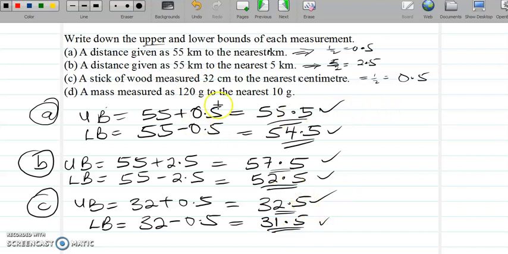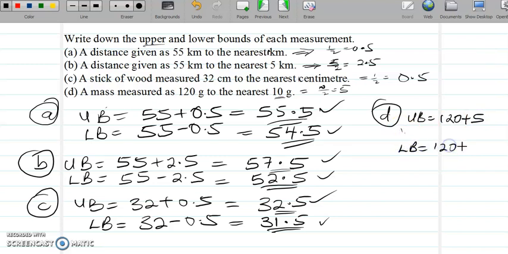Okay, now the last one, D, says a mass measured as 120 gram to the nearest 10 gram. Nearest 10 gram. 10 is our degree of accuracy. So half of 10 is 5. Now to find the upper boundary, we have 120 plus 5, and the lower boundary is 120 minus 5.